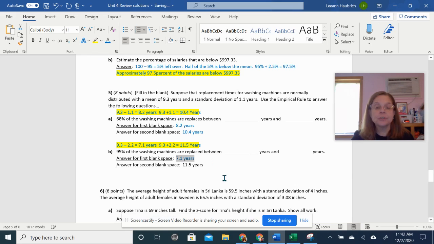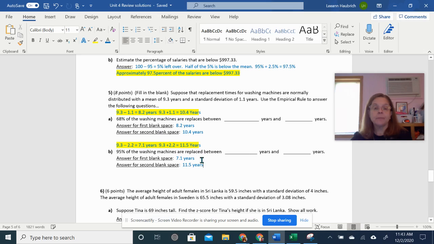People buy a washing machine, and 95% of the people who replace their washing machine replace it between 7 years and 11.5 years.